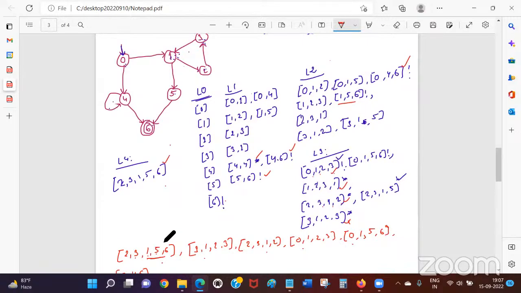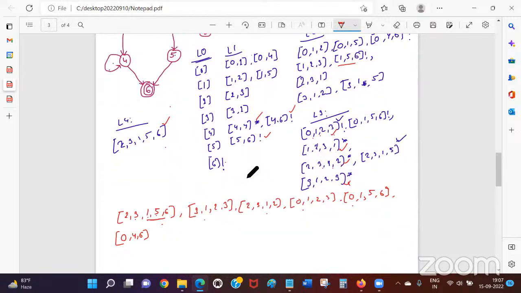Now I go for the length 1. 4, 4. It's not a subpath of any of these paths, so I take 4, 4 straight. 4, 6. Do I have 4, 6 anywhere? Yes, 4, 6 here, so I don't have to take this. 5, 6. Do I have it? Yes, I also have this. So how many am I getting? 1, 2, 3, 4, 5, 6, 7 paths.